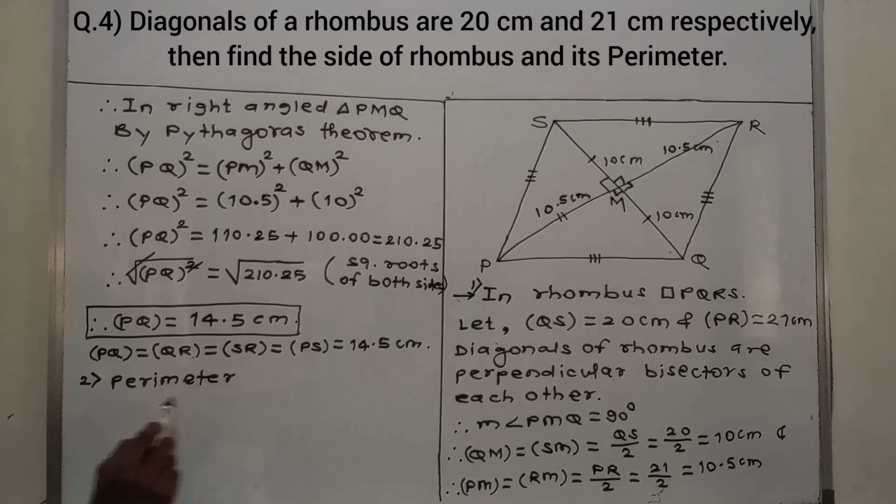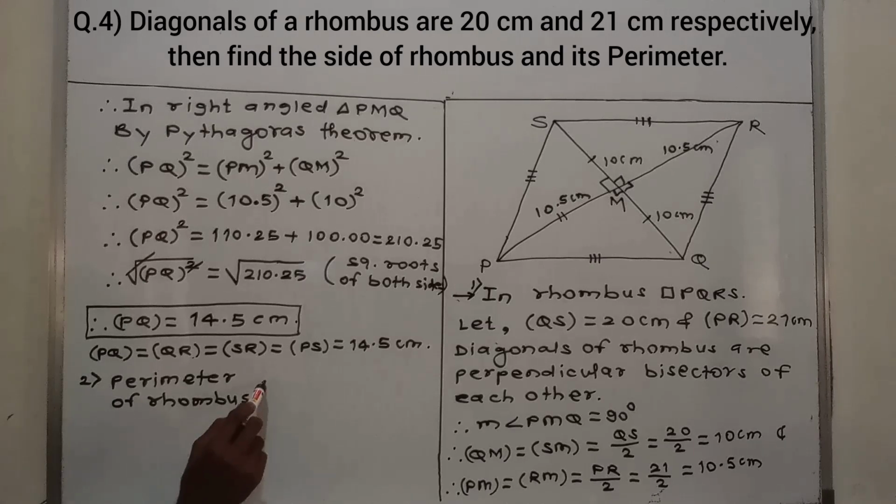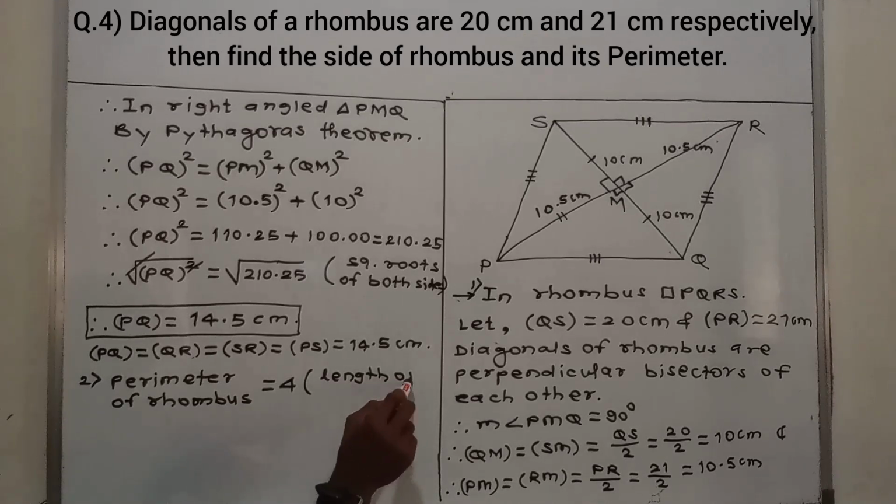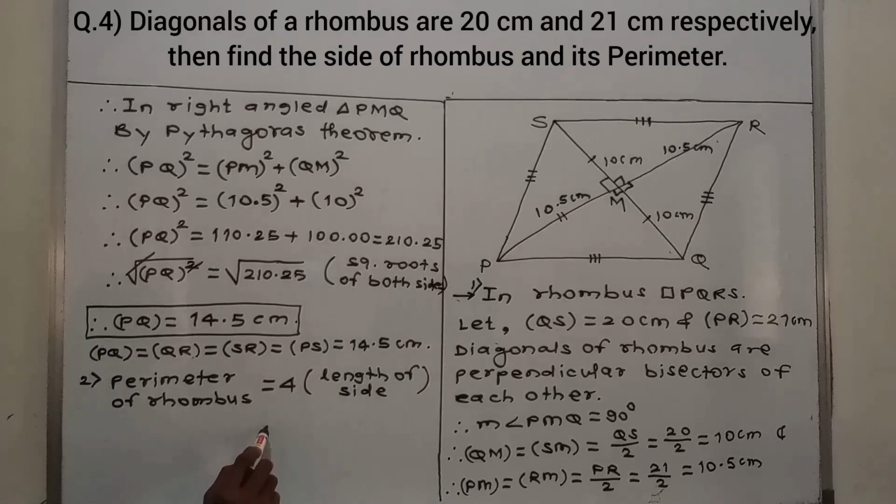What is perimeter of rhombus is equal to 4 into length of side. Therefore 4 into 14.5 centimeter.